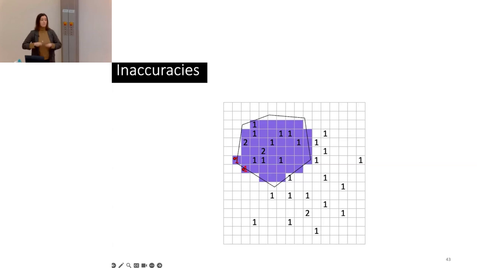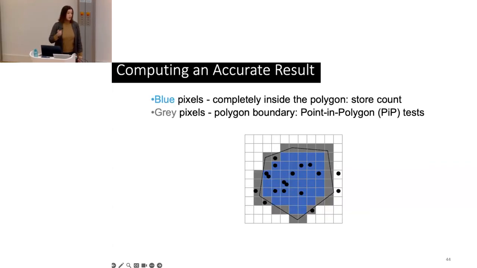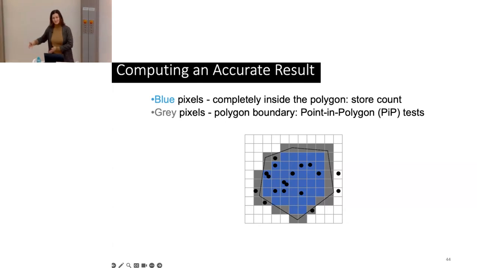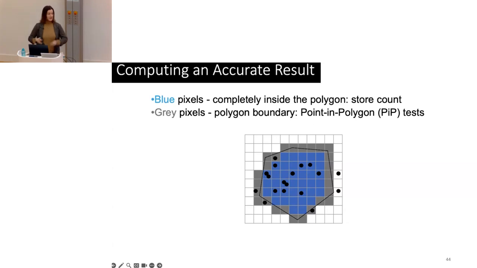If a pixel is completely inside the polygon, whatever point falls in that pixel should also be completely inside the polygon, and there is no doubt there. So if you want to compute an accurate aggregate result, you can exploit this insight and first identify which are the pixels that fall on the polygon boundary, and which are the pixels that are fully enclosed inside the polygon.